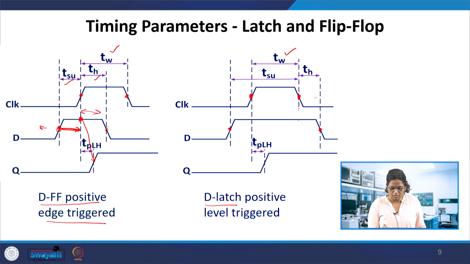So from here to Q, that is TPLH, how much time it takes for the data change to be reflected in Q. So this is for the latch, though the TPLH difference is not visible here in this case. You can say this is from the level of clock equal to 1, whereas here it is the clock edge. That is the difference between the flip flop and the latch.